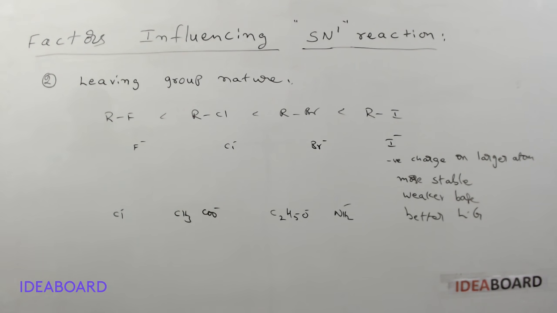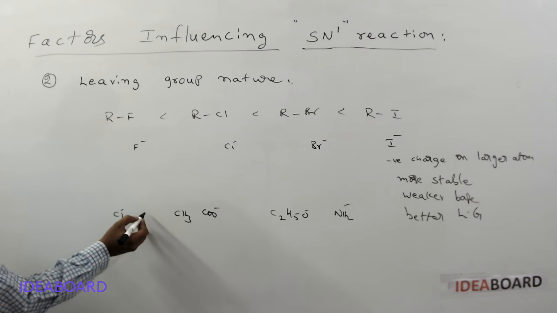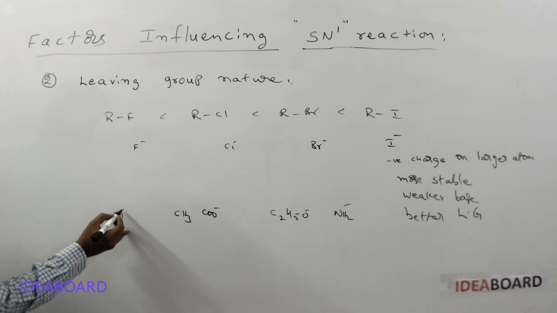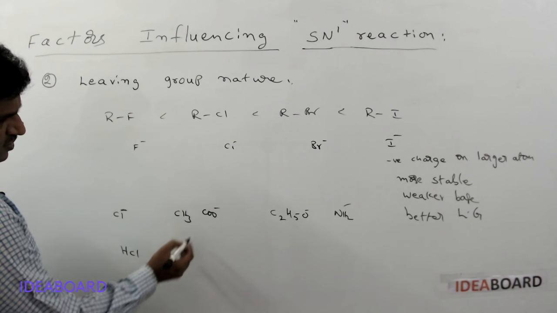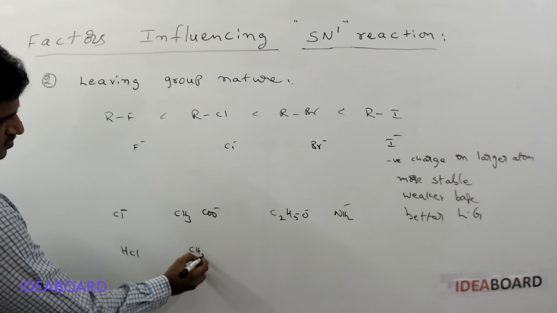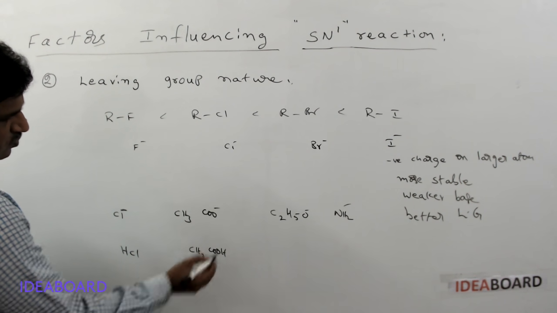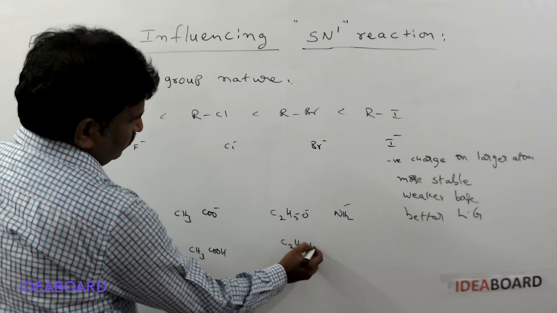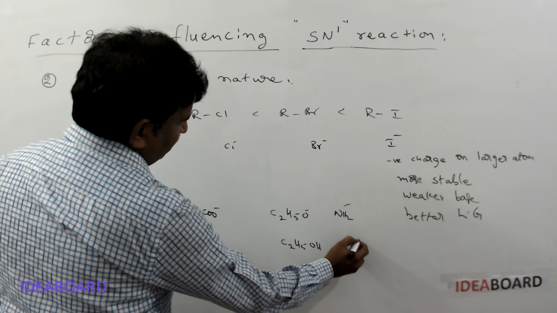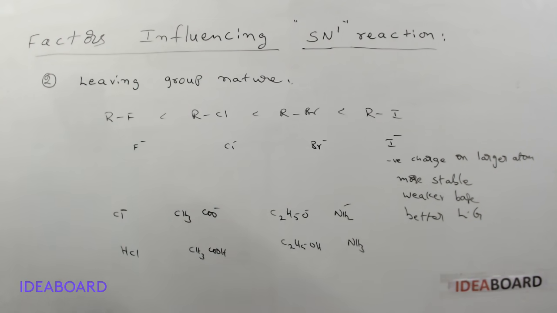Cl minus is formed from what type of compound? It is formed from HCl. CH3COO minus is formed from CH3COOH, C2H5O minus is formed from C2H5OH, and NH2 minus is formed from NH3.